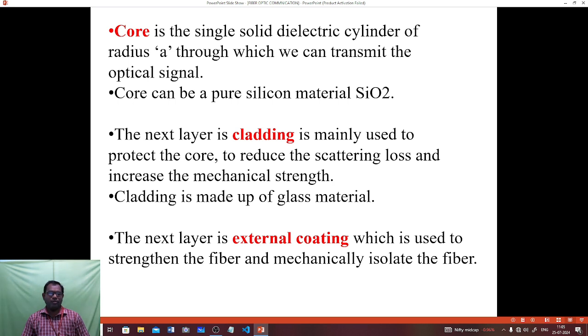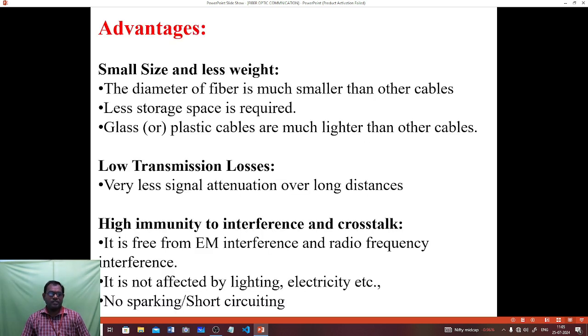Cladding is made of glass material. The third layer, the external coating, is used to strengthen the optical fiber and mechanically isolate the fiber.